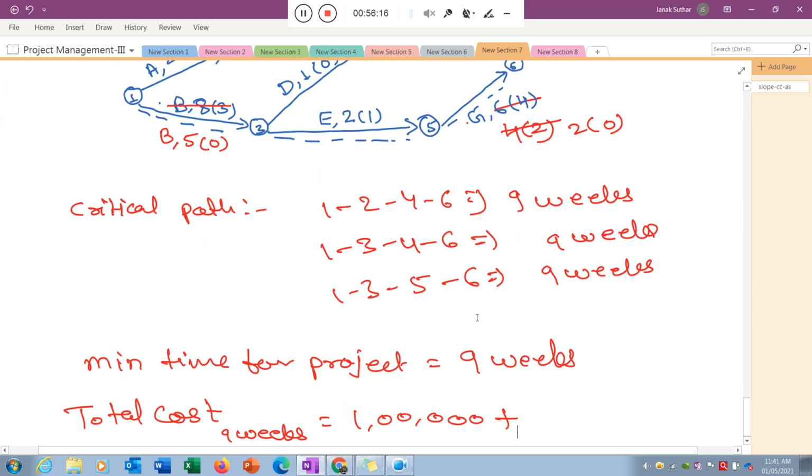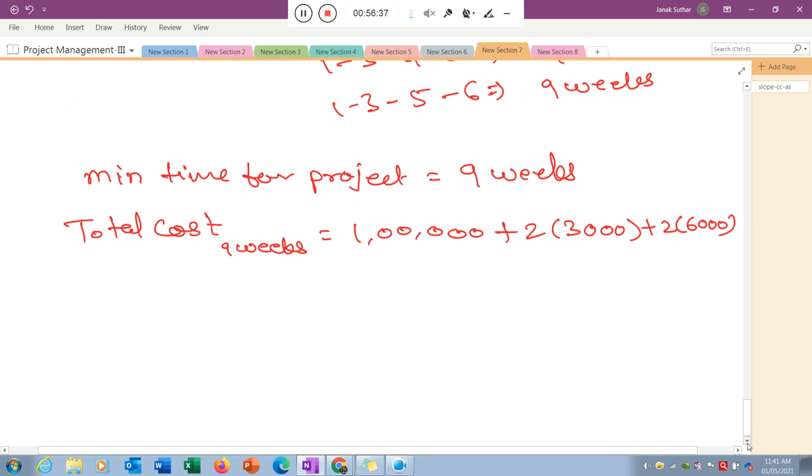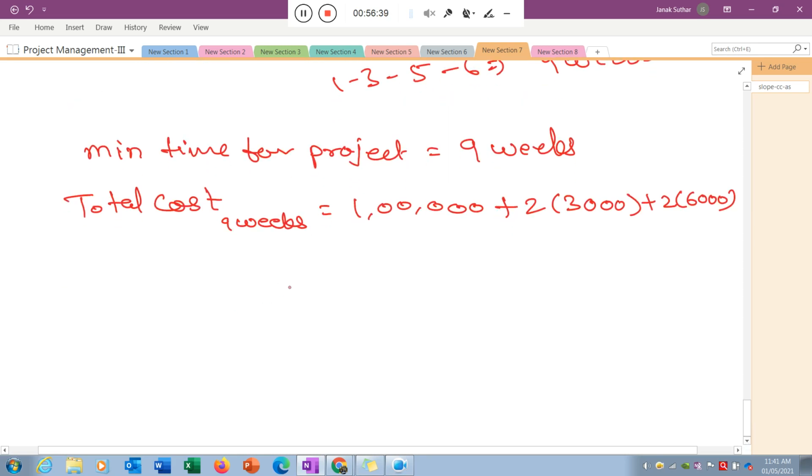So the cost increment for A is 2 into 3000, plus for activity G, I reduce 2 weeks, and the reduction cost per week is 6000. That is the slope of activity G. So now the cost will be 1,18,000.